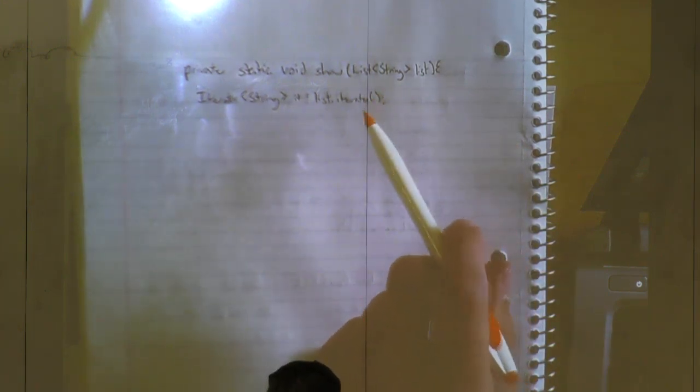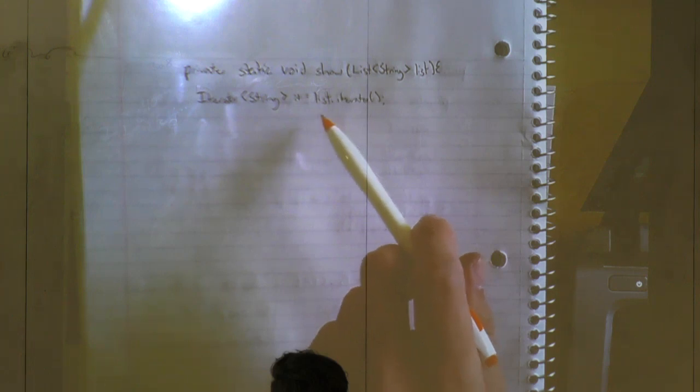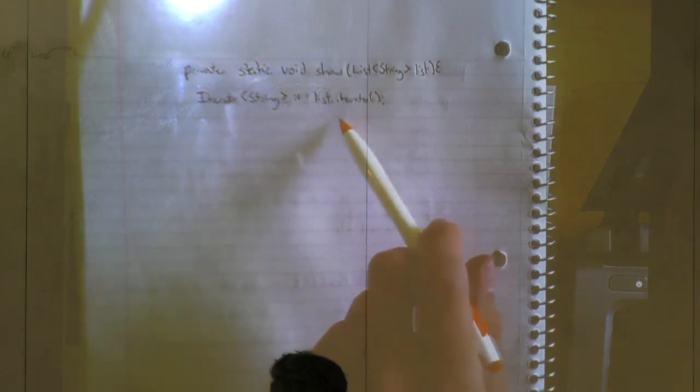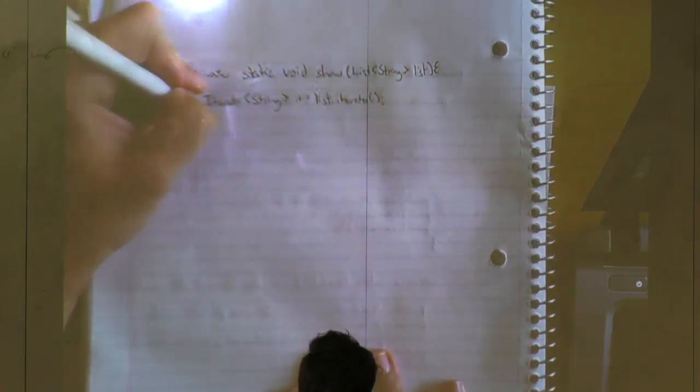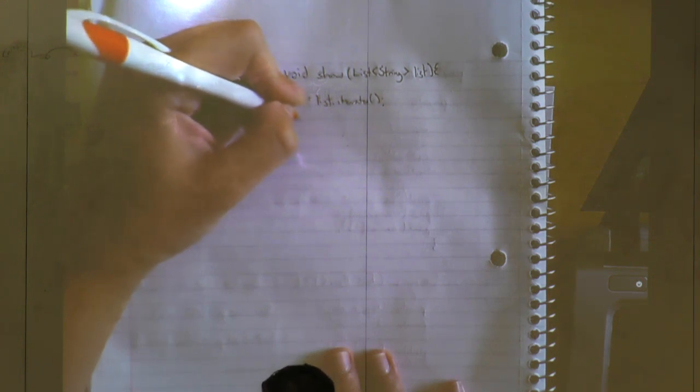In this case, this is an iterator that is specific to the list class. So to construct it, we're calling the list-specific iterator constructor.